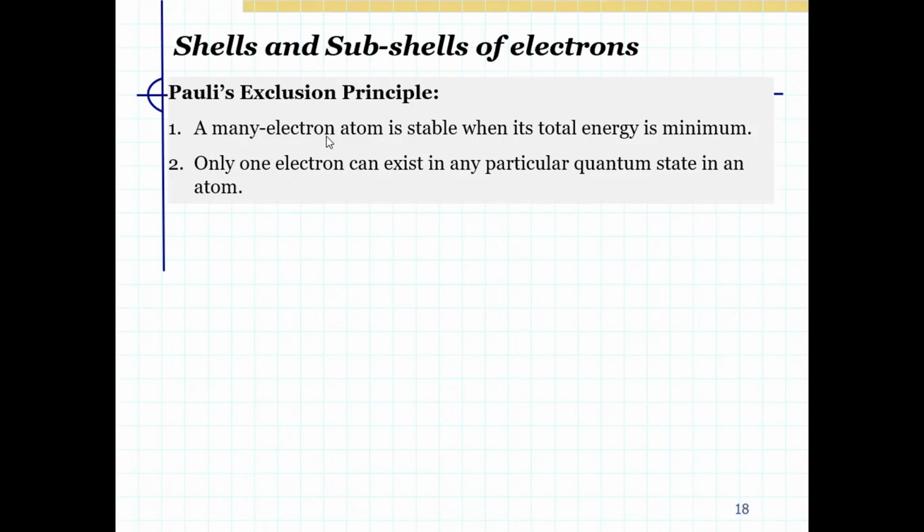We see that a many-electron atom, an atom which contains many electrons, is stable when its total energy is minimal. Only one electron can exist in a particular quantum state in an atom. And by particular quantum state, the meaning is the 4 quantum numbers, the exact address.